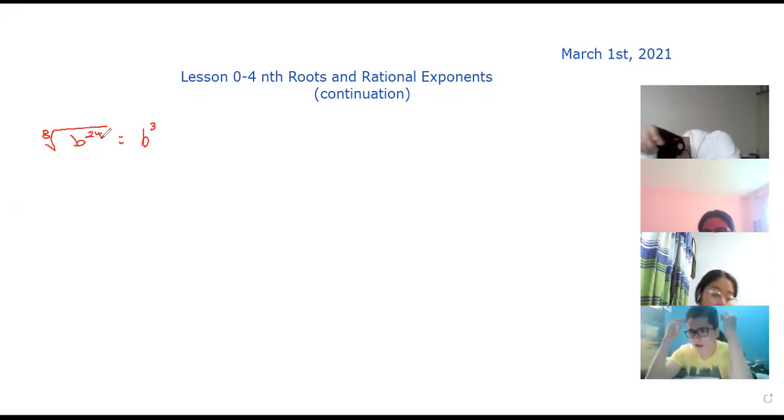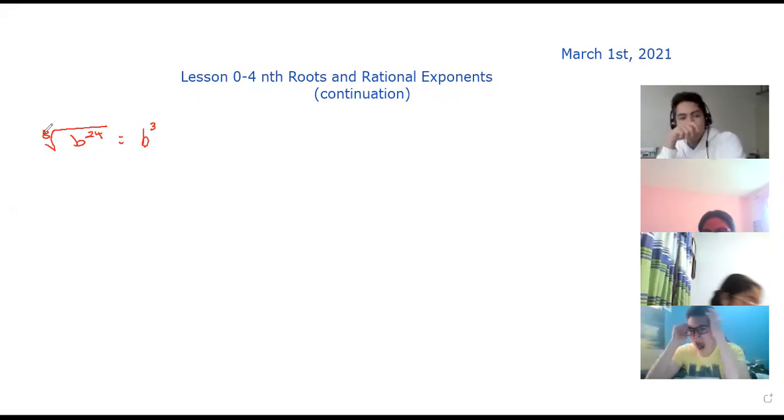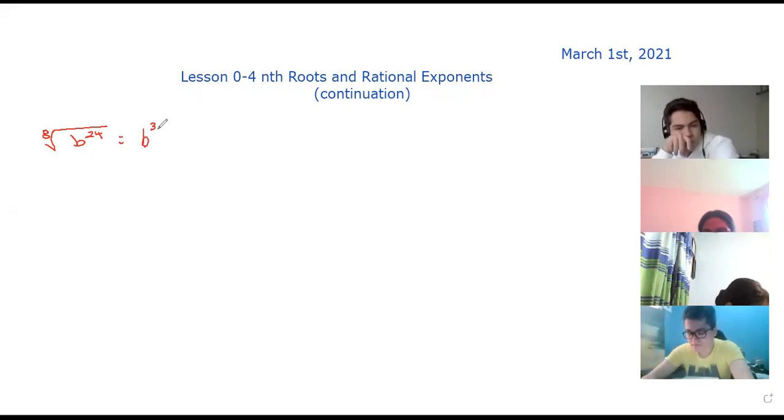And the index of the root is also even, 8. But the power that you got here is an odd number, 3. So when the index and the power of the radicand are both even numbers, but the result gives you an odd number, you need to write the absolute value. So add it to your answer, to the one of Thursday.